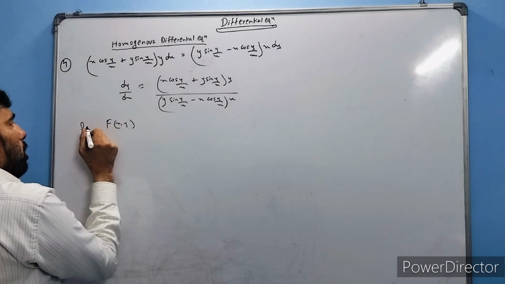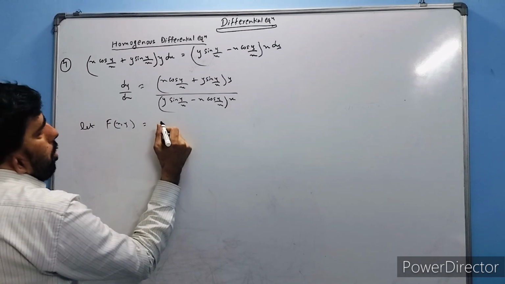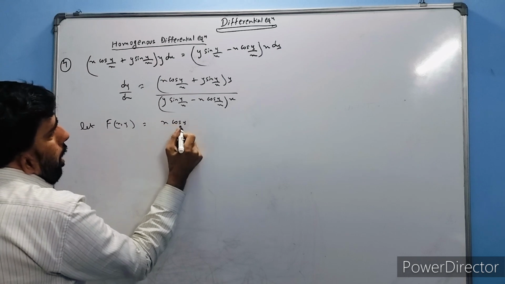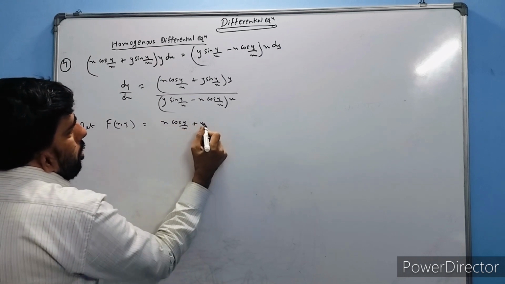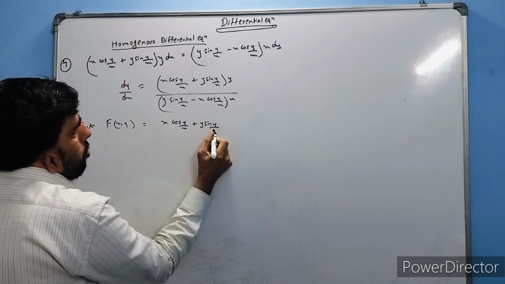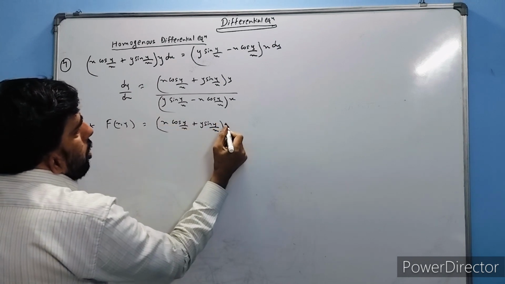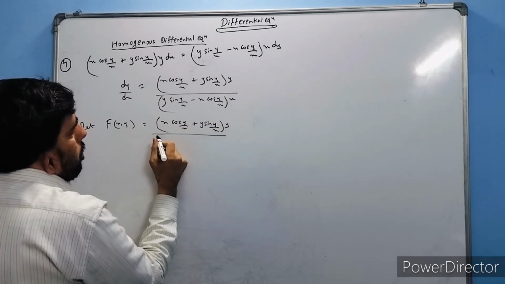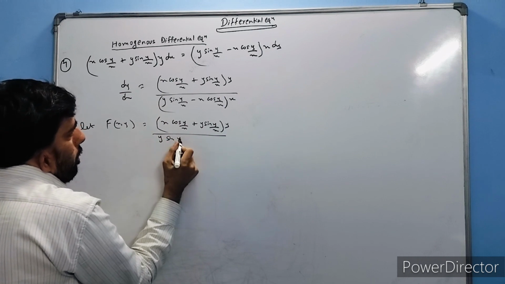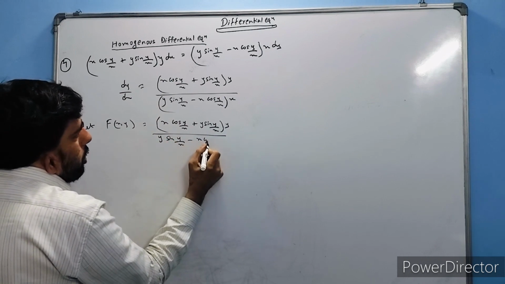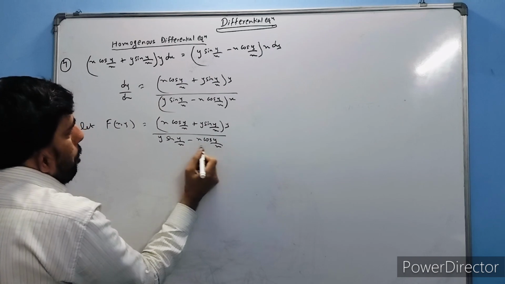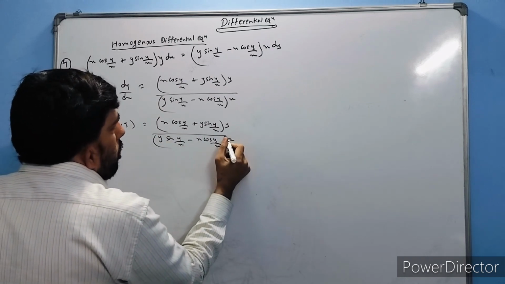Let f(x,y) = (x cos(y/x) + y sin(y/x)) y / ((y sin(y/x) - x cos(y/x)) x).